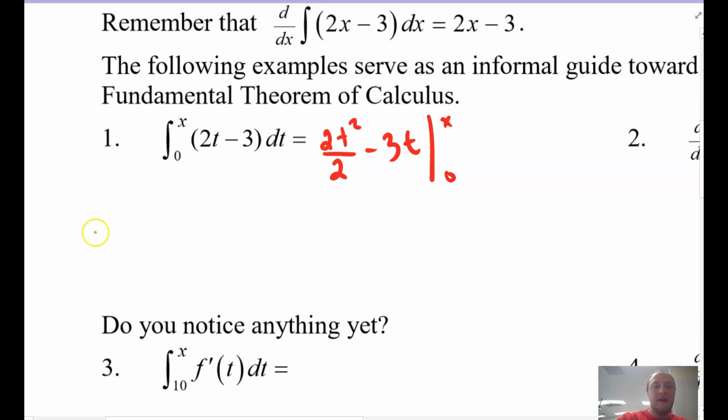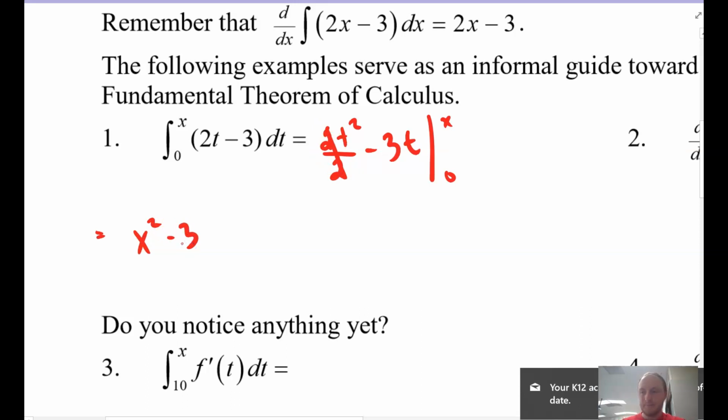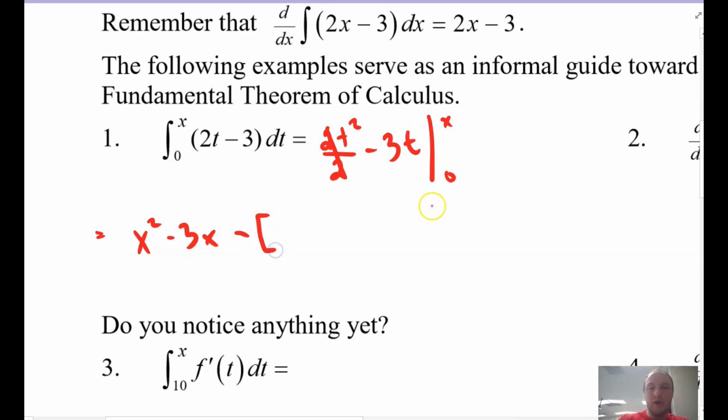Now, if we evaluate this, these 2's cancel, and we get x squared minus 3x, minus, now I'm going to plug in 0 here, and 0 squared is 0, minus 3 times 0 is 0. So our answer would just be x squared minus 3x.